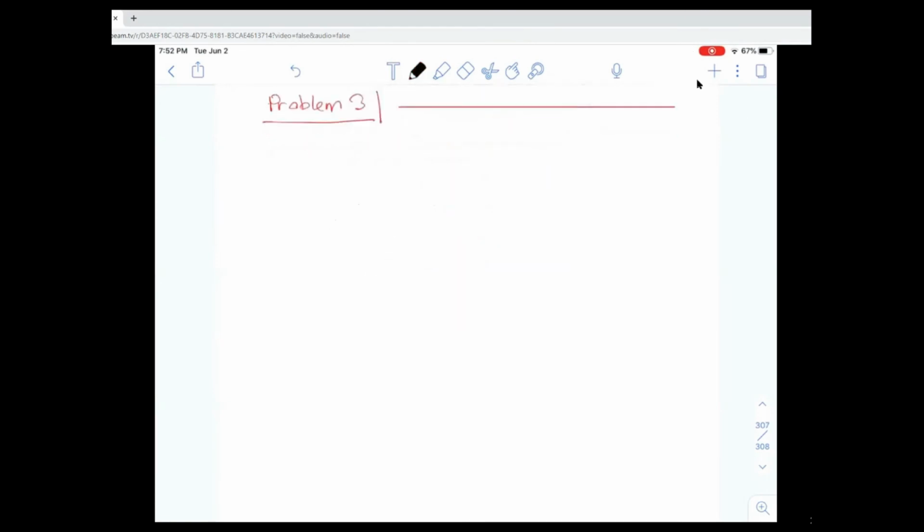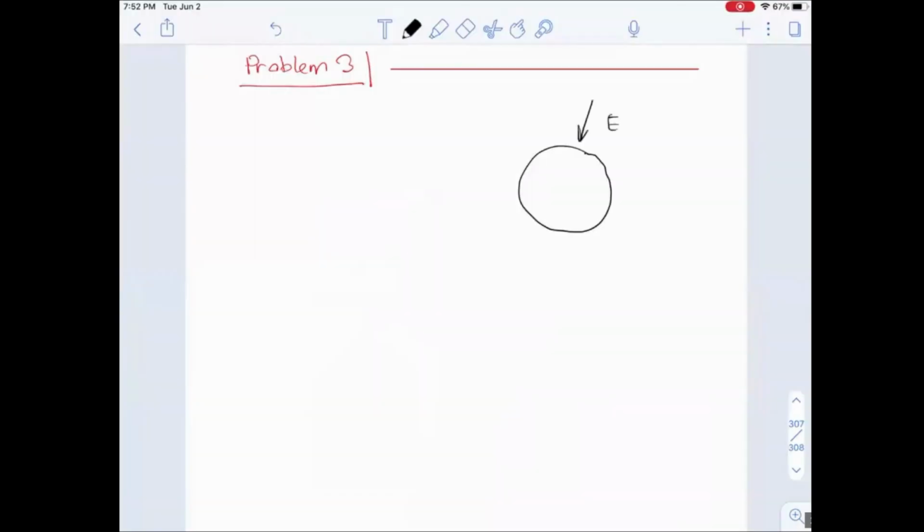So the strength of the electric field is what we know. Here's the Earth. And the connection is lost. All right, so it's 150 newtons per coulomb. That's it. So the question is, what is the net charge of the Earth in terms of coulombs?